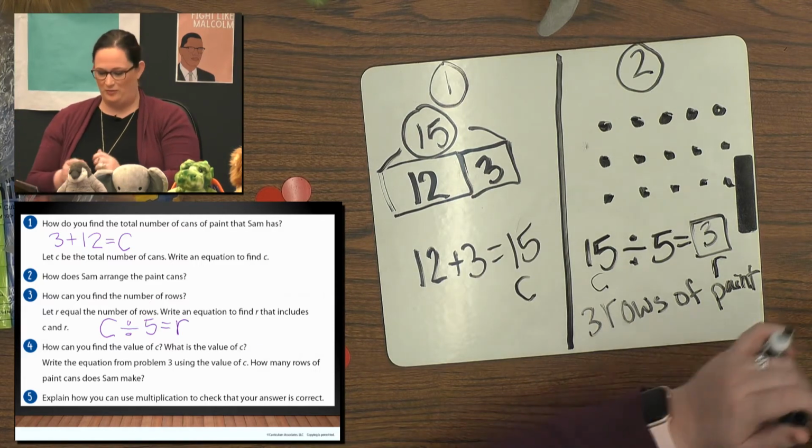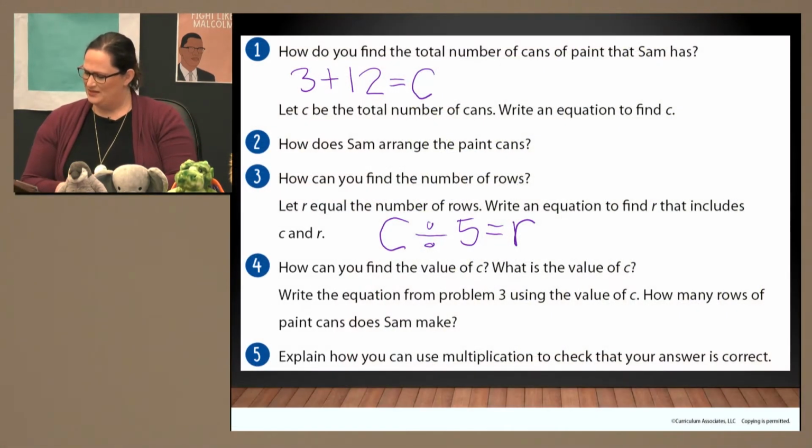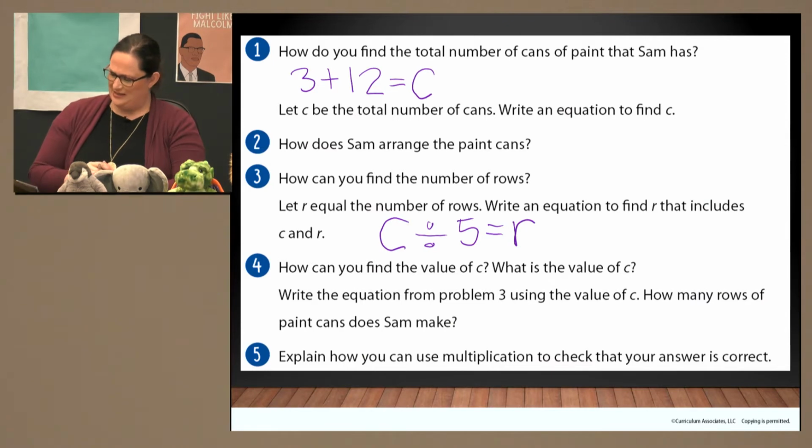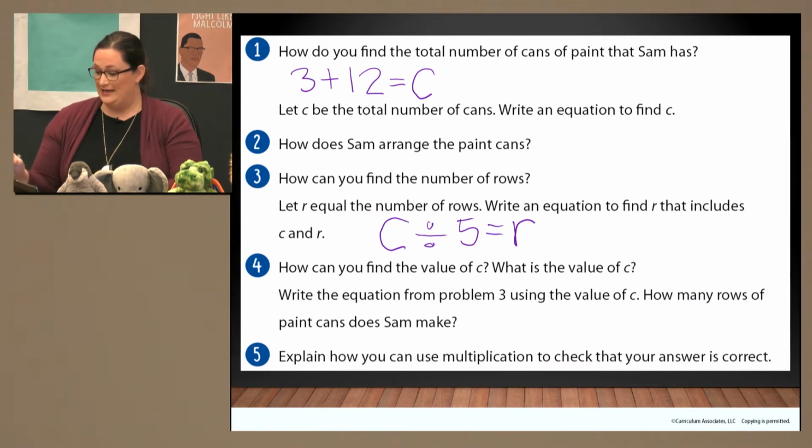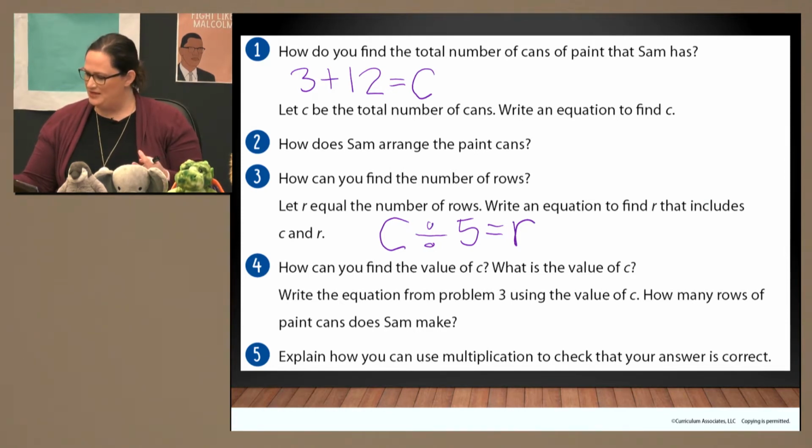Okay, we can go back to full PowerPoint, Mr. Kevin. How can you find the value of C, which we did? We added 3 plus 12 equals C. And what is the value of C? What do we decide? 15. Write an equation from problem 3 using the value of C. So it's not going to be C anymore. We know what it is.